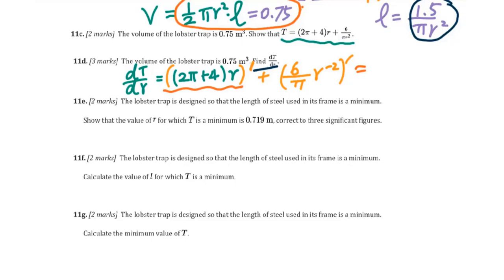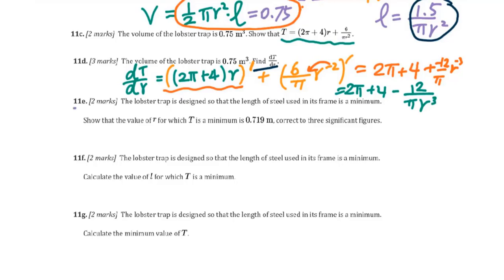For this one, that's a linear function, so we have 2 pi plus 4. Then plus, drop this negative down, we have negative 12 over pi r to the negative third power. We organize, you will get the 2 pi plus 4 minus 12 over pi r to the third power.